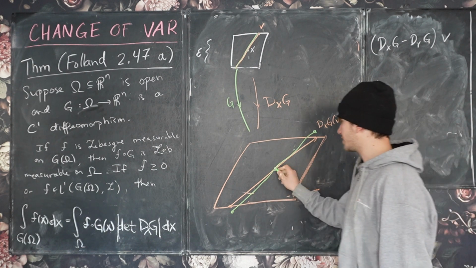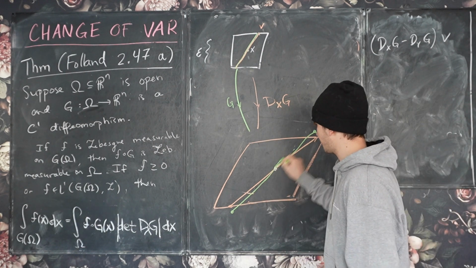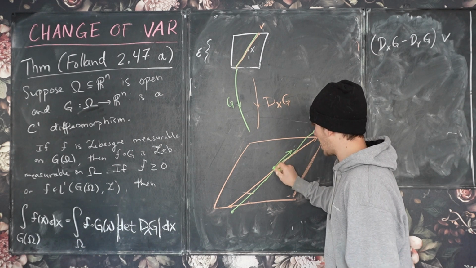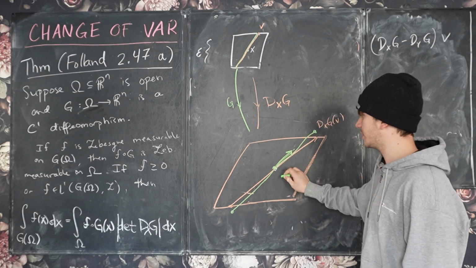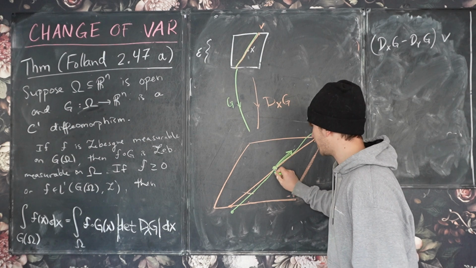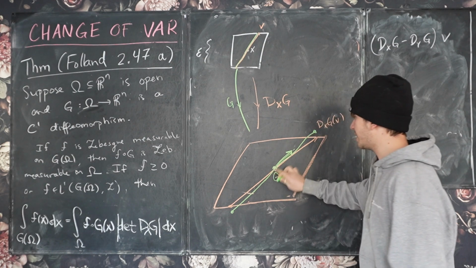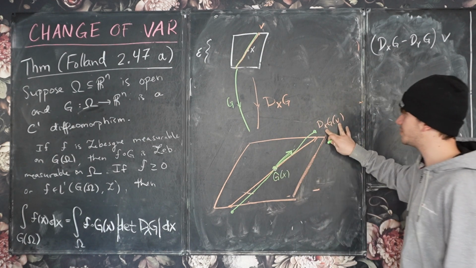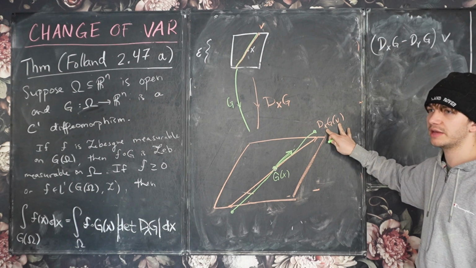But the tangent vector to this curve at the center point x, so this is g of x here, must be the image of the differential.